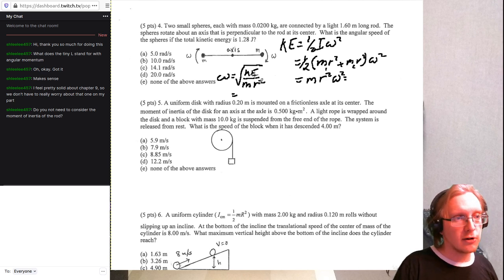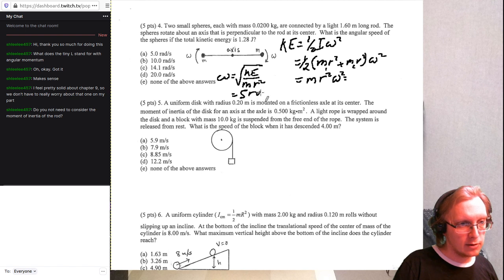Square root of 1.28 divided by 0.02 times 1.6 squared, execute. This is exactly 5 rads per second.